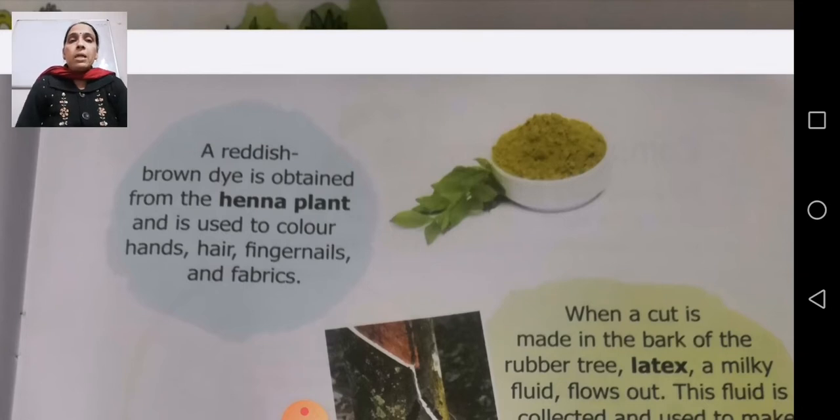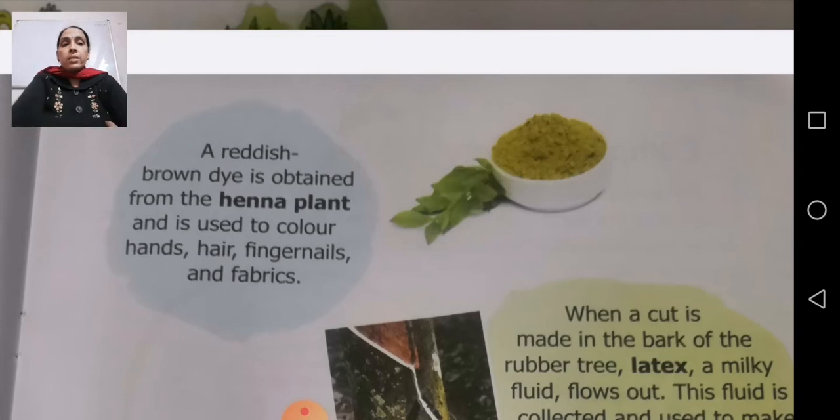The henna plant is most commonly seen in your surroundings. In Hindi it is called the mehendi plant. The mehendi plant is called that by many people, and these mehendi or henna plants are used to color hands, hair, fingernails and fabric. All these we can do with the henna plant.